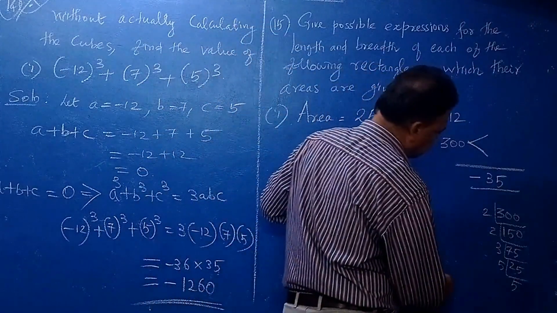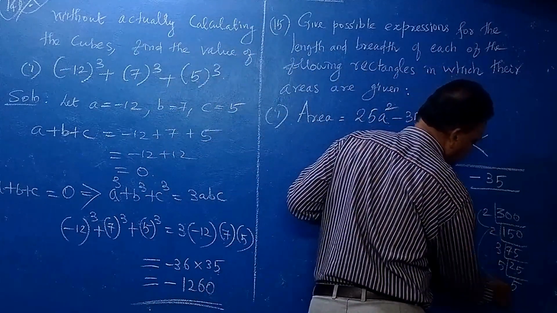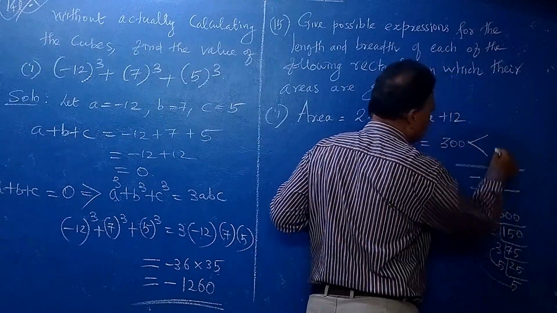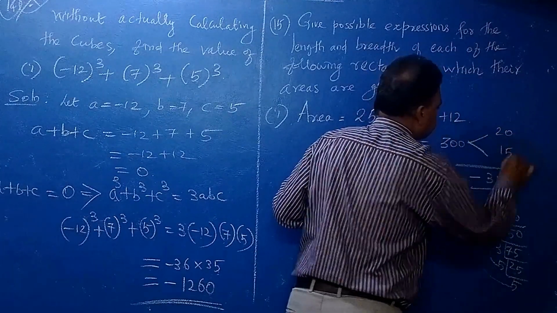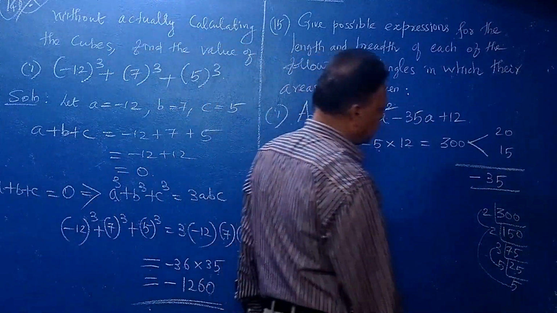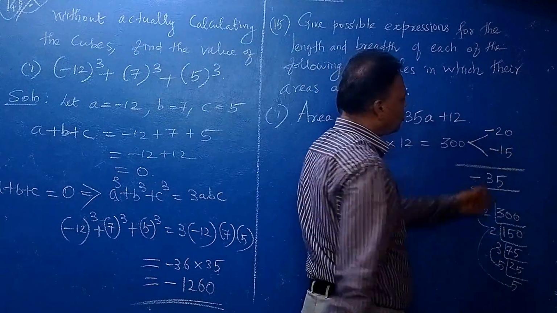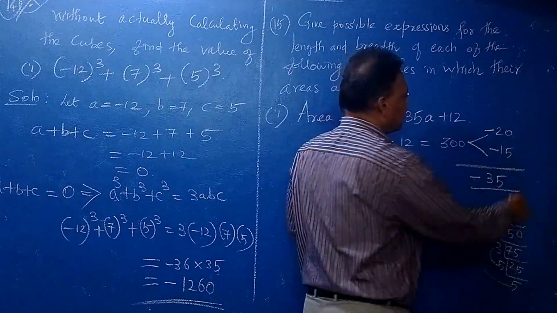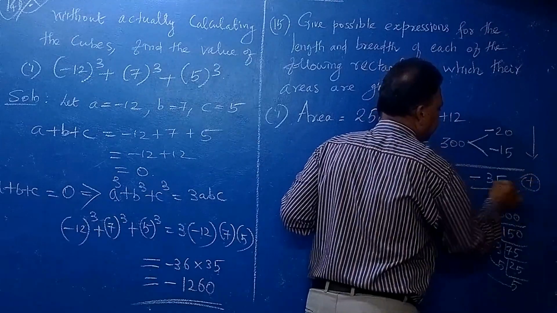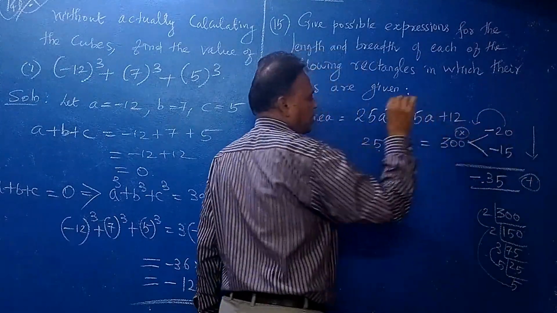Now you see, 2 into 2 is 4, 4 into 5 is 20, here 15. So take 20 and 15. Correctly it will come. If you take 20 and 15, to get 35 you have to give both a minus sign, so that while adding you will get minus 35, and the product is 300.